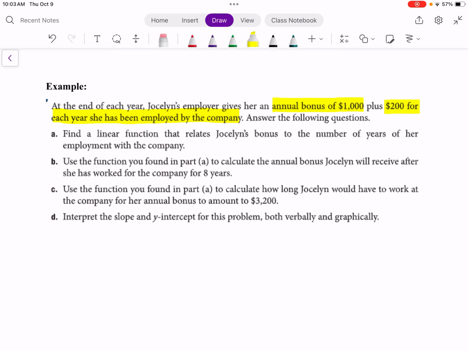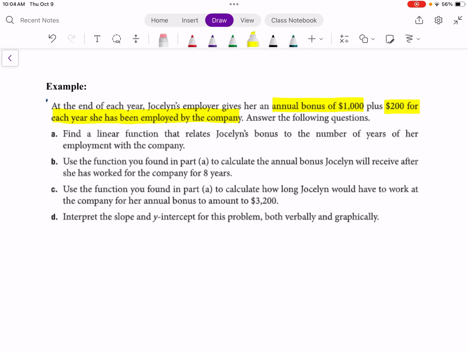Now how much bonus will she receive in the very first year? If she completes 1 year in her company, how much bonus will she receive? She gets an annual bonus of $1,000 plus $200 for each year she has been employed.